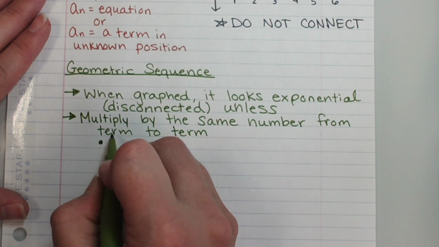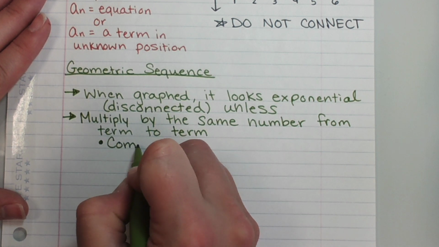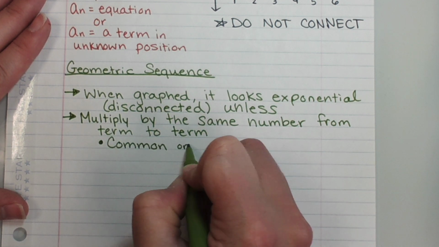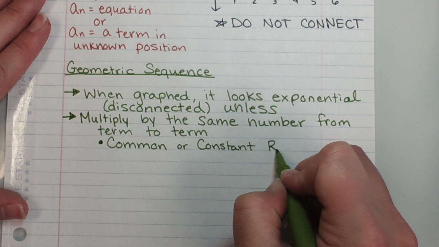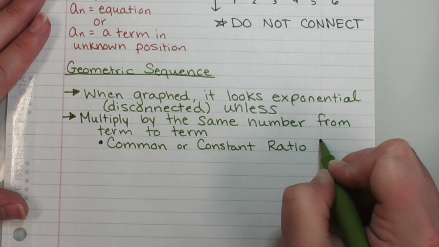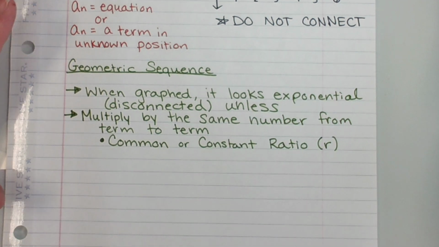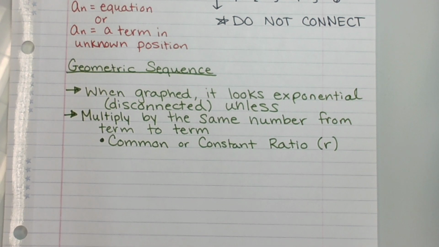That number you're multiplying by is known as the common or constant ratio. It's given by the variable r.